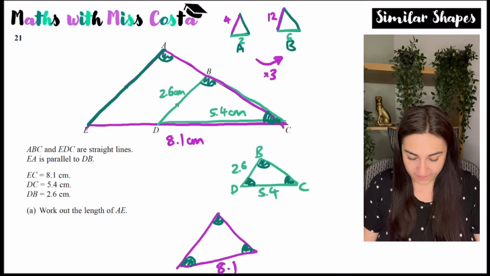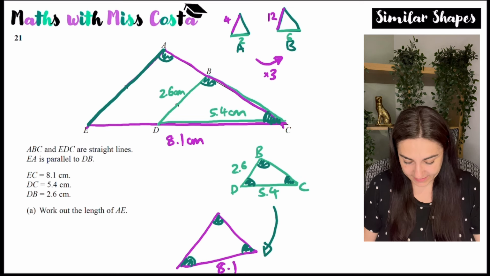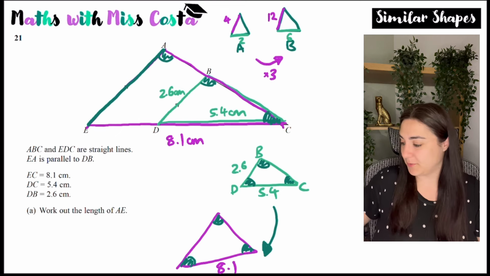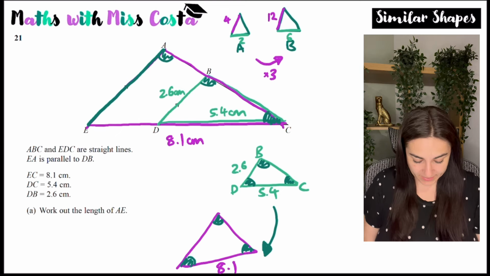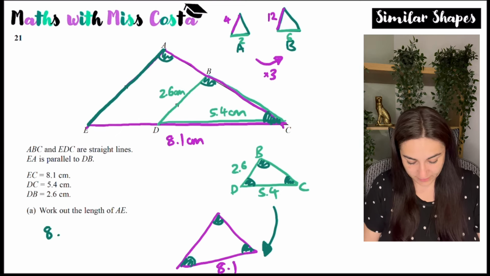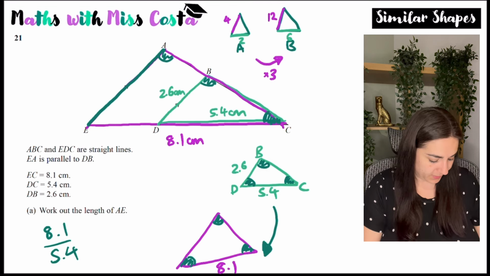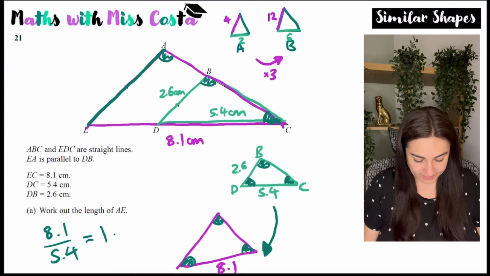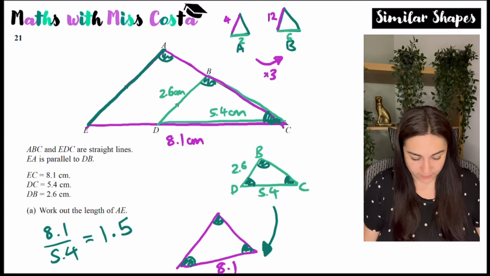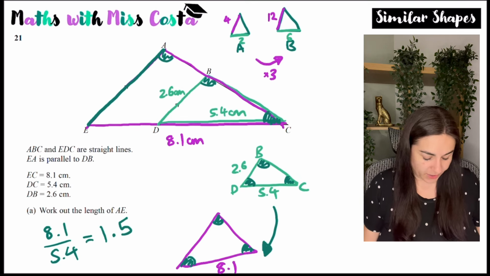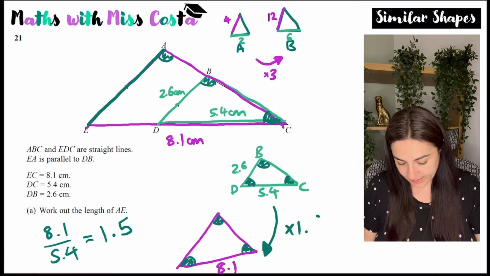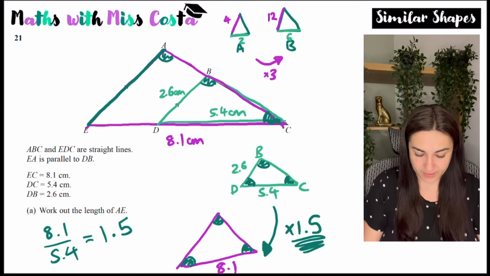So over here, I know that this side is 5.4, and I need to figure out what I need to multiply it by to get to 8.1. So to work out the scale factor of enlargement, I can do 8.1 divided by 5.4. So 8.1 divided by 5.4 is 3 over 2, which is 1.5. So I know that this shape here is 1.5 times larger than this triangle here.